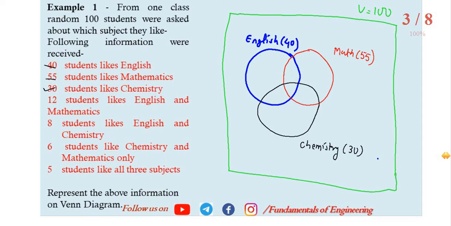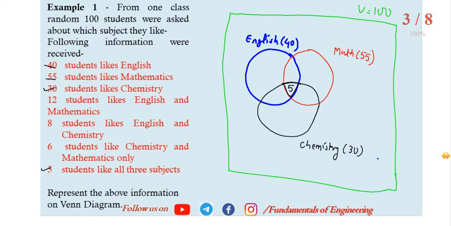So always start with the common in 3. How many students like all 3 subjects? 5. So the common area showing all 3 combination will be this: 5 students who like all 3 subjects.